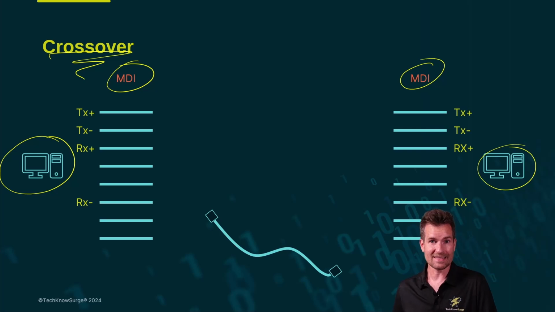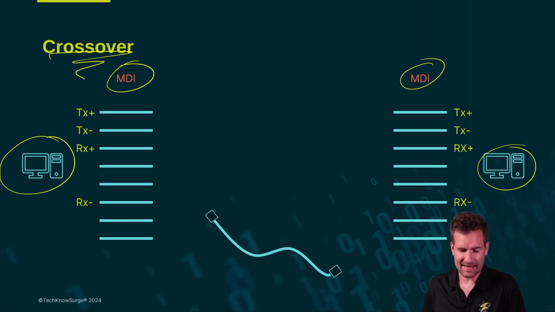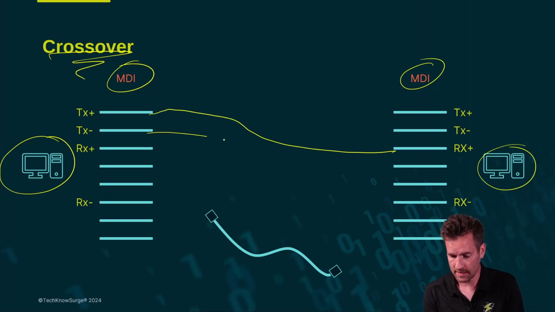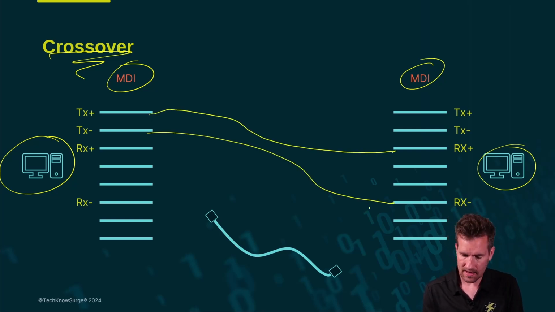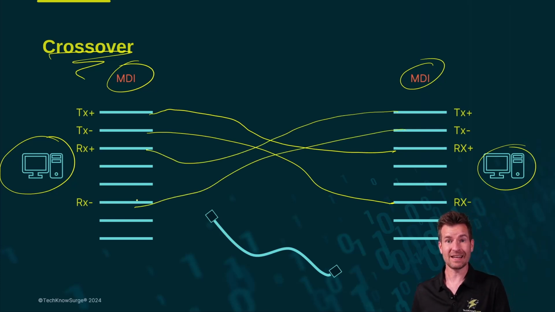The point being is that both devices can't be listening on the same connection and they can't be talking on the same connection. What this crossover cable does is exactly what it says it does. It crosses over. These transmit pairs go to the receive pairs, and the transmit over here goes to these receive pairs. And so now communication is happening successfully.